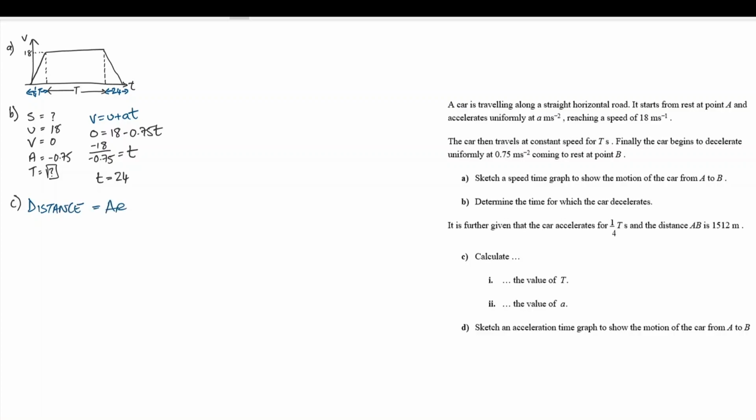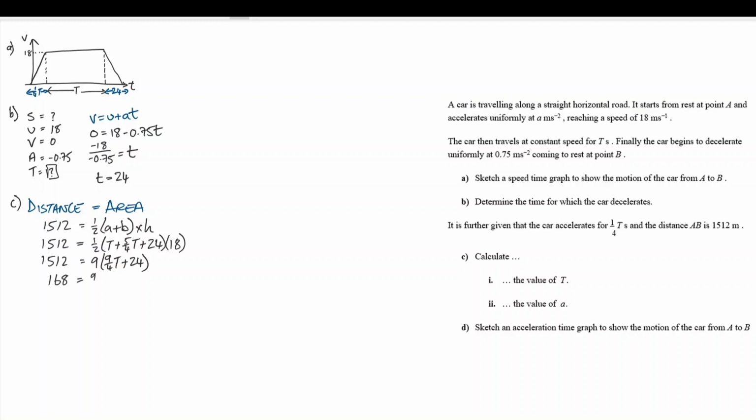We know that distance on a velocity time graph is represented by the area. 1,512 equals half times a plus b multiplied by the perpendicular distance between them, the height. In this case, it's a half multiplied by t, which is going to be the short parallel side, plus 5/4 t plus 24. That's going to be multiplied by 18.